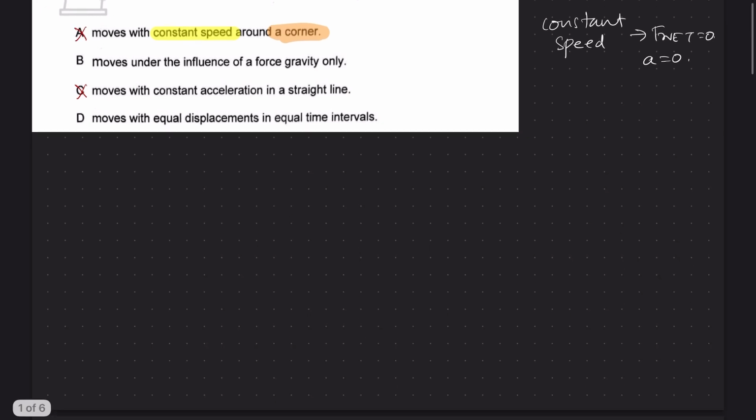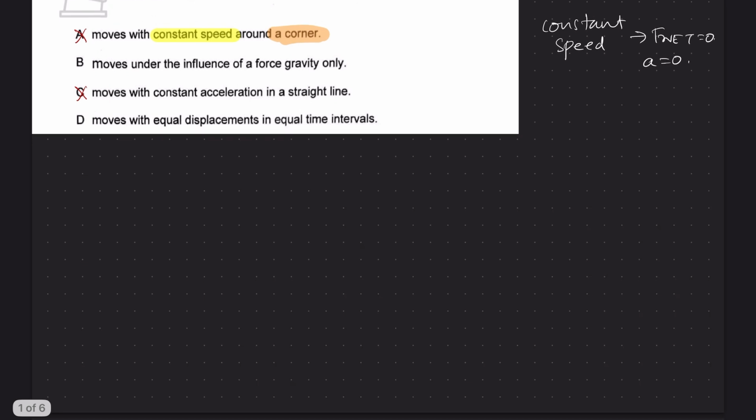Let's look at B. Moves under the influence of a force of gravity only. So if we had to draw a free body diagram of this object, moving with the force of gravity only, that means there's going to be a resultant, or an F net, pointing downward. So B is out.